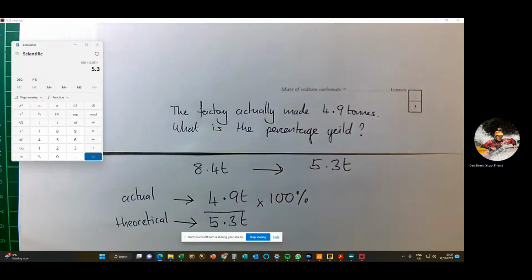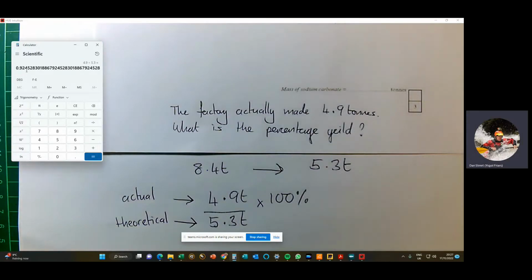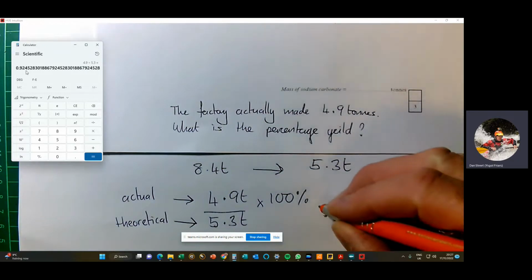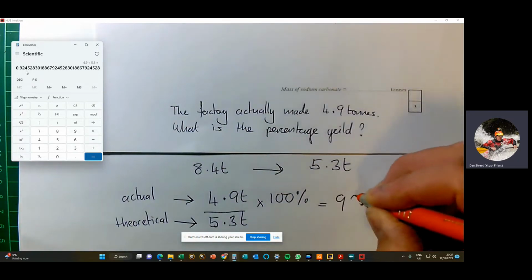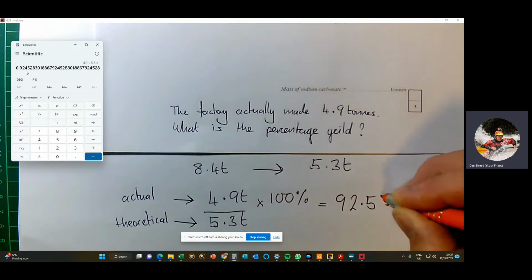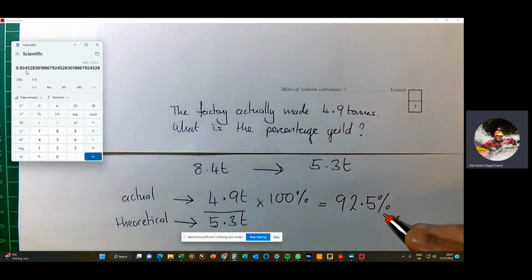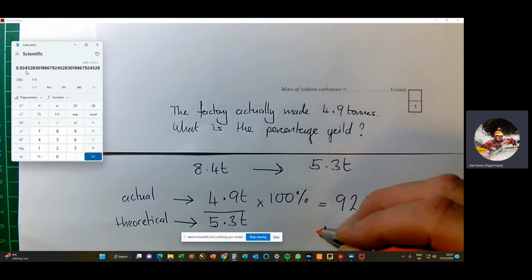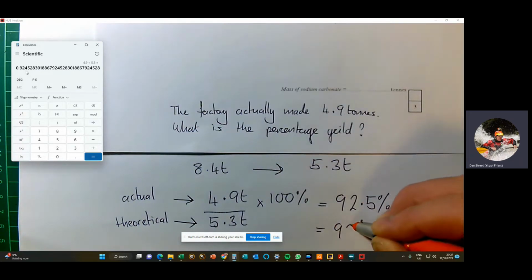So if we do that, 4.9 divided by 5.3 gives us 92.5%. Okay, so 92.5%. And in actual fact, as these values here are only to two significant figures, then we should really round that up to 93%.